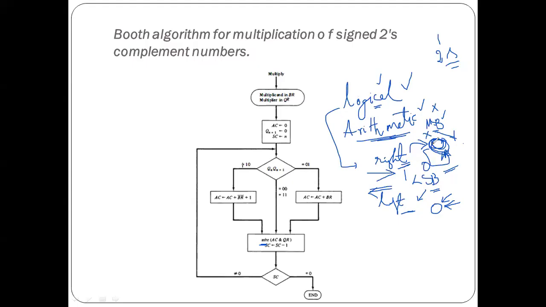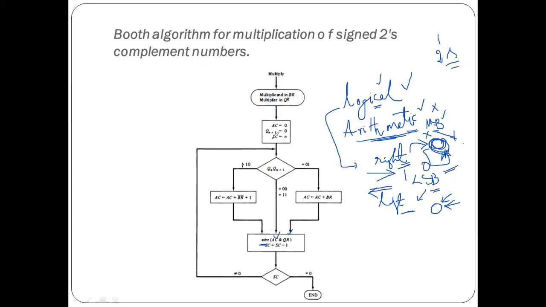Otherwise it will change the number. A negative number may become positive if you don't use arithmetic shift, and that will cause a wrong result. Okay, right? So the shift here is an arithmetic shift, because the registers involve the sign bit. AC and QR include the sign bit, right?